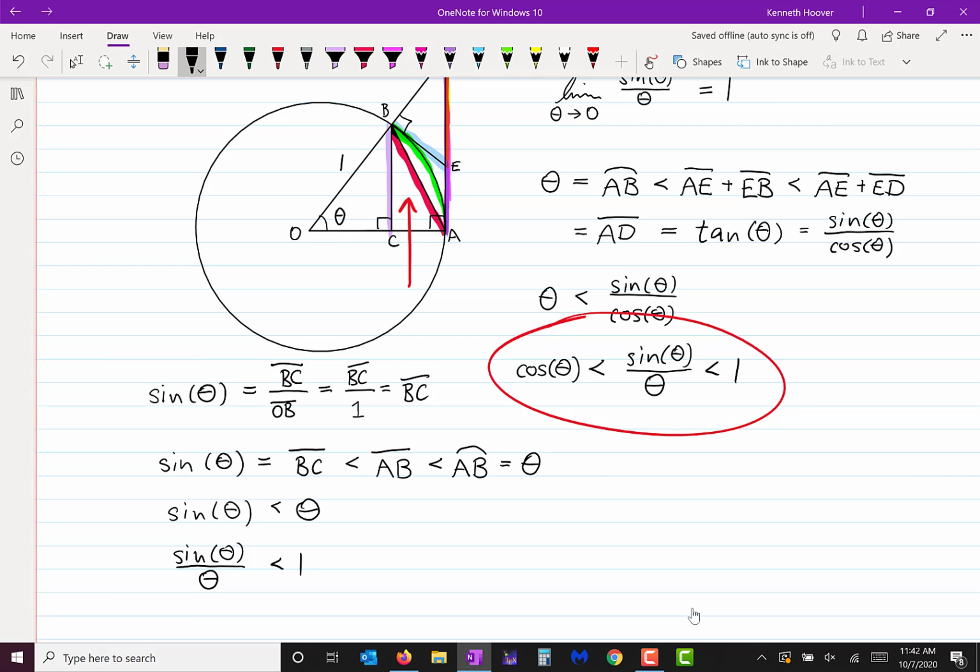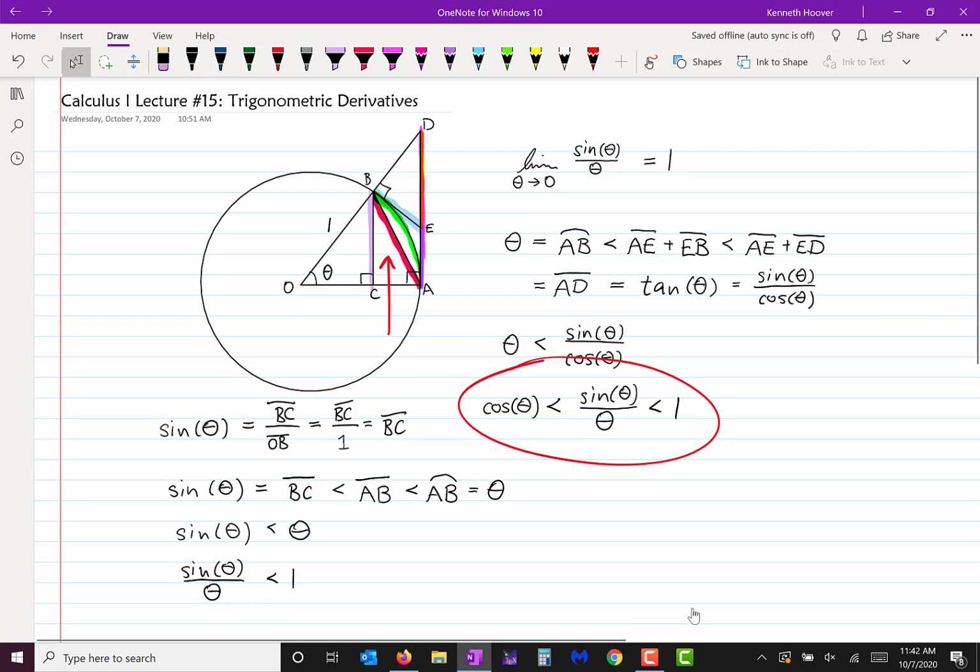Okay, that's the geometry that we had to do. Now I'm going to take that thing that I circled in red. Sine of theta over theta is greater than cosine theta and less than 1. And we're going to do a tiny bit of calculus on that. We are going to do the limit as theta goes to 0.